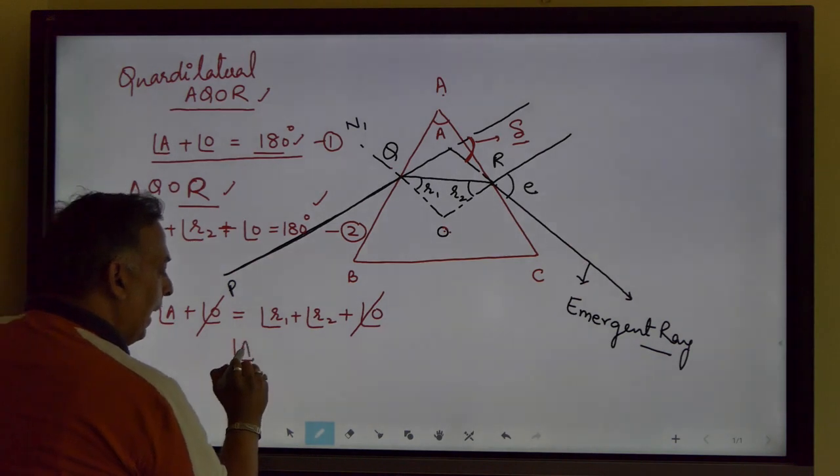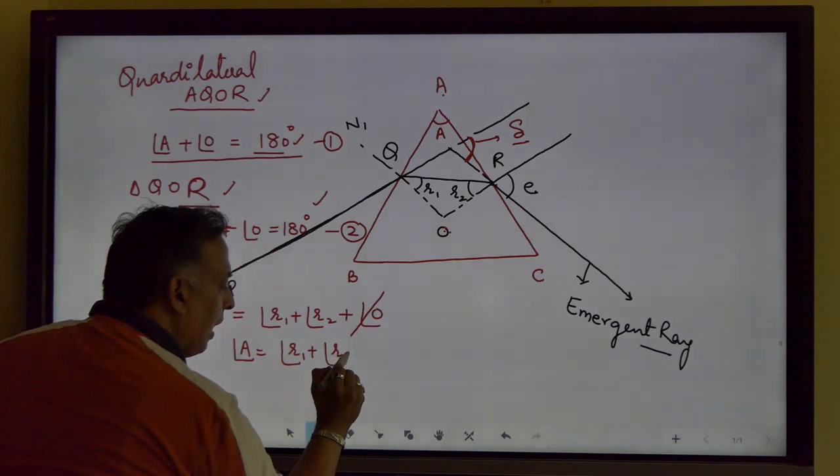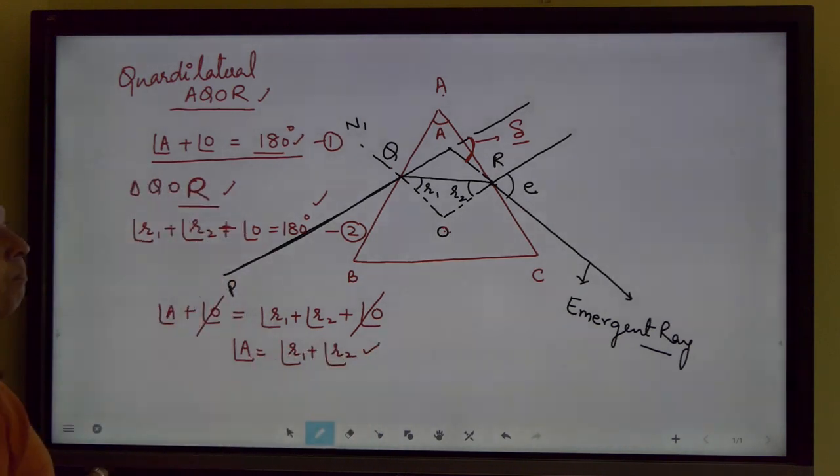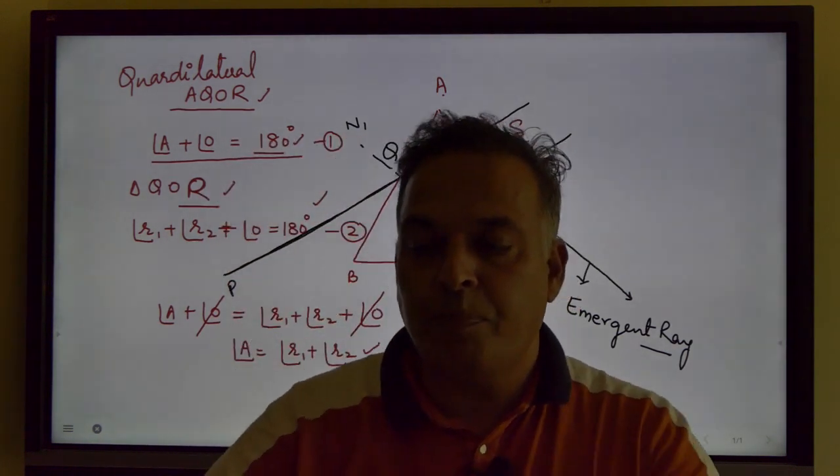So angle A is R1 plus R2. So angle A becomes R1 plus R2 angle.